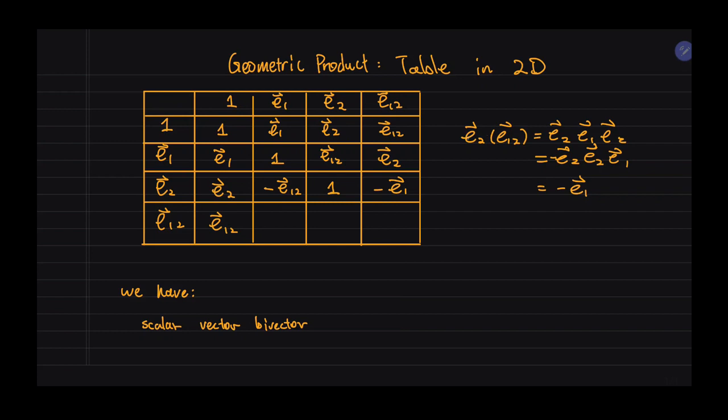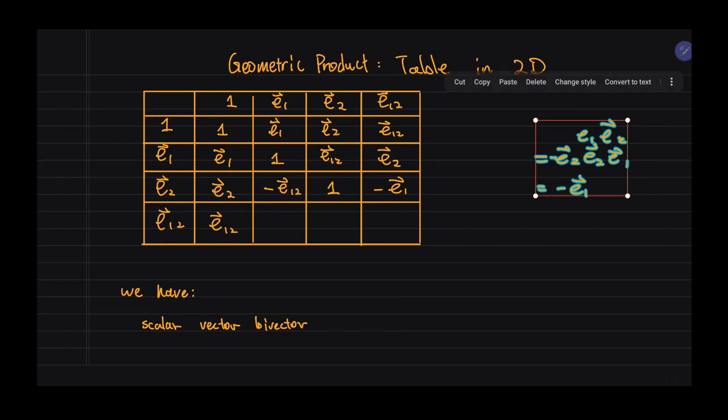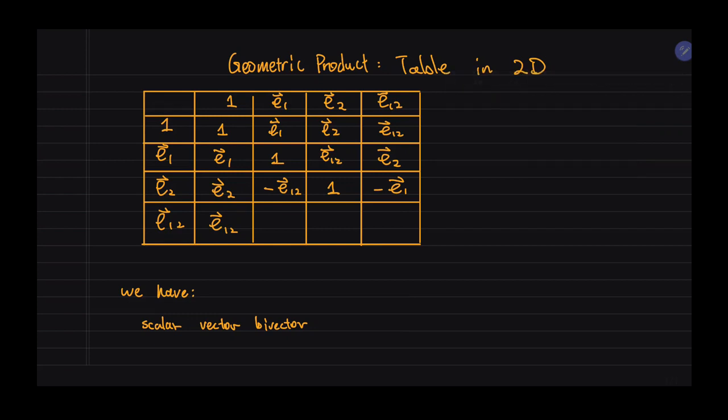The same story. We have only one last row to work on. E12 E1 is just E1 E2 E1, just minus E2. And this E12 E2 will just become E1.